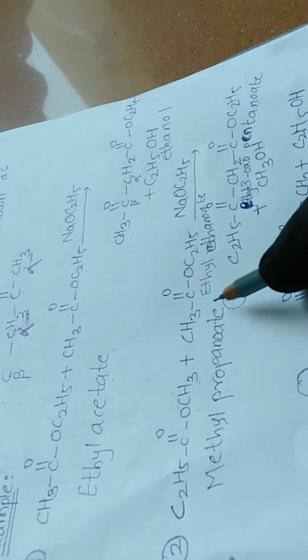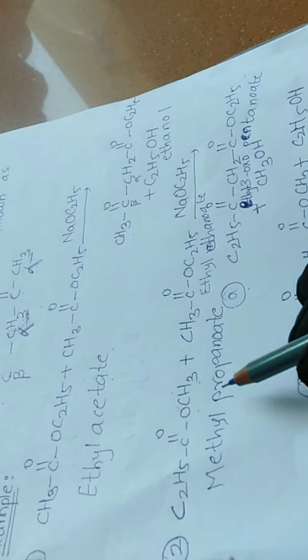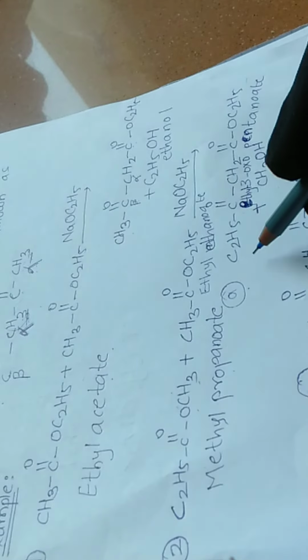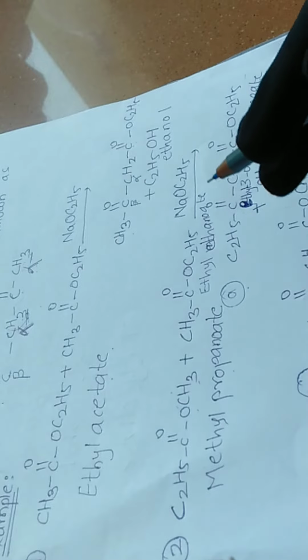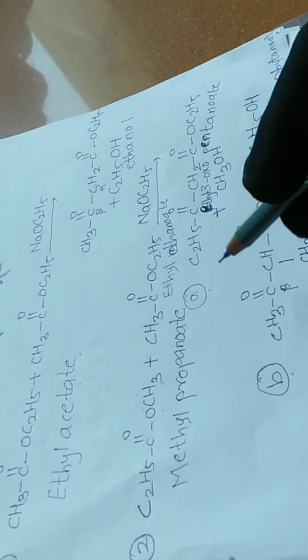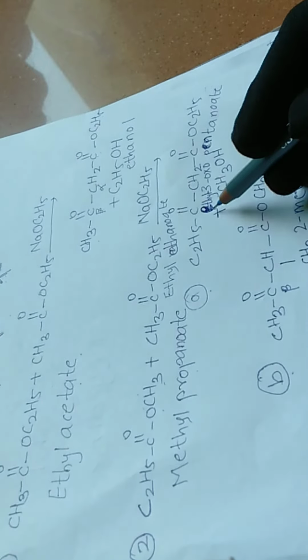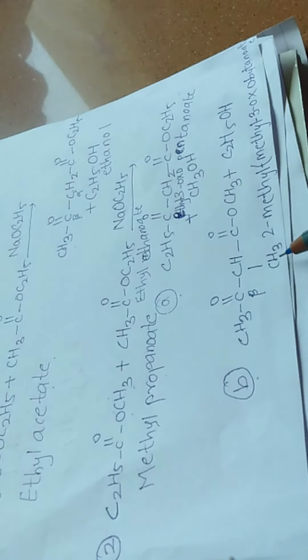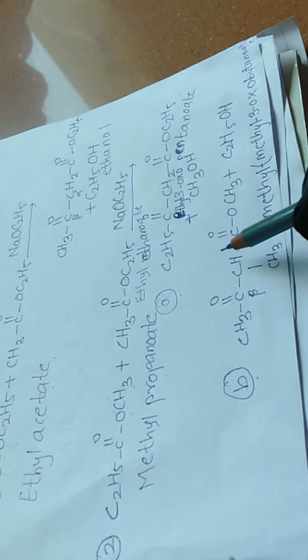If you take two different molecules of ester, there will be a possibility of getting two different products. First is this ethyl 3-oxopentanoate, and second is this 2-methyl 3-oxobutanoate. There is a possibility of getting two products.